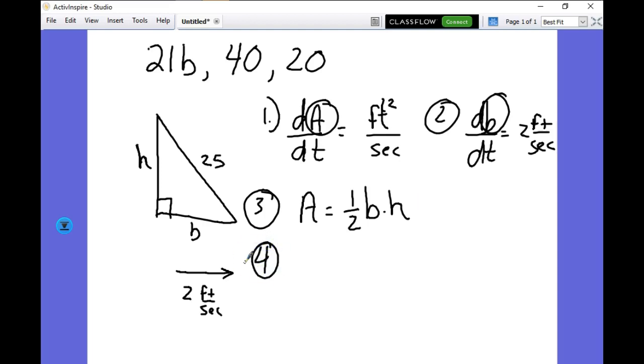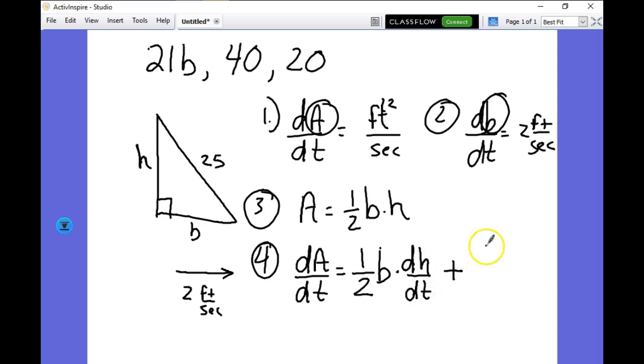Okay, so let's go ahead and do step 4. We take that derivative. It's going to be the derivative of the area with respect to time is equal to 1/2 b times the derivative of the height, which is dh/dt, plus 1/2 the derivative of the base times h.